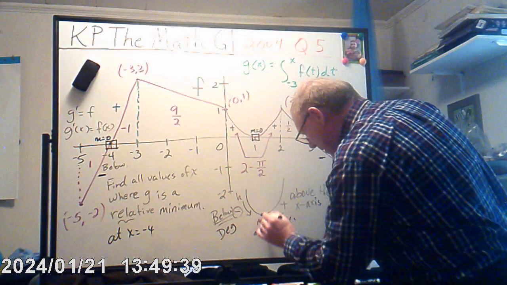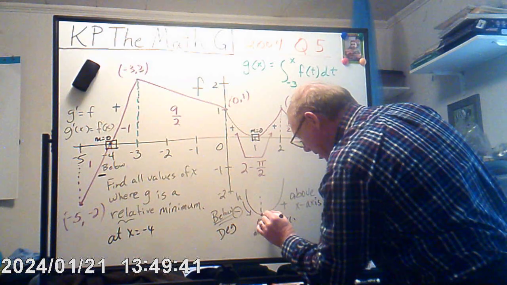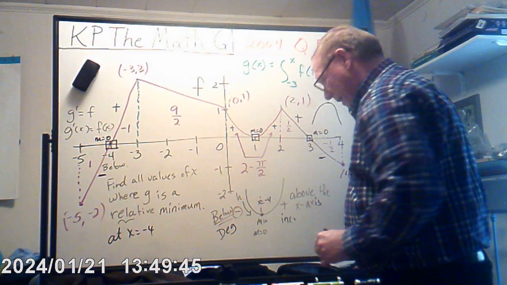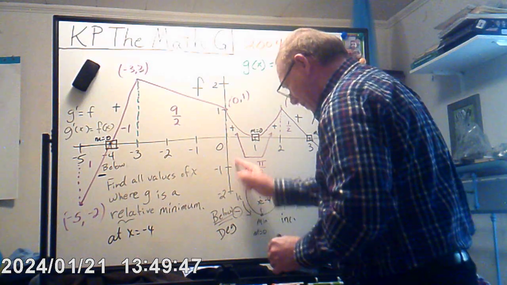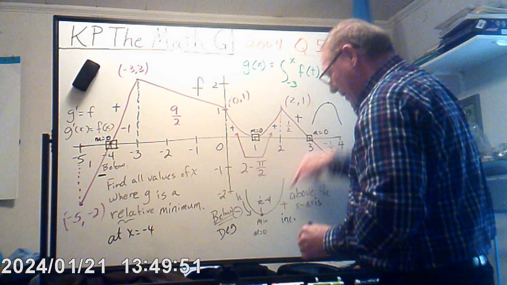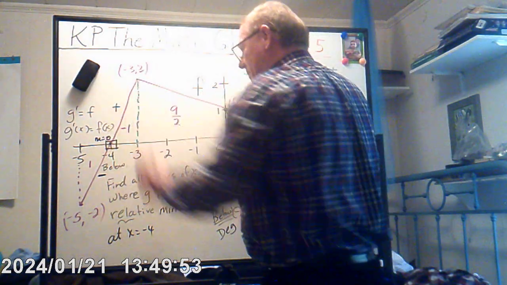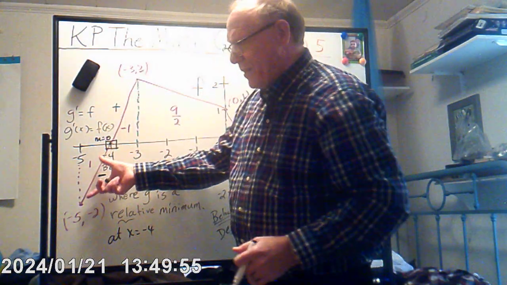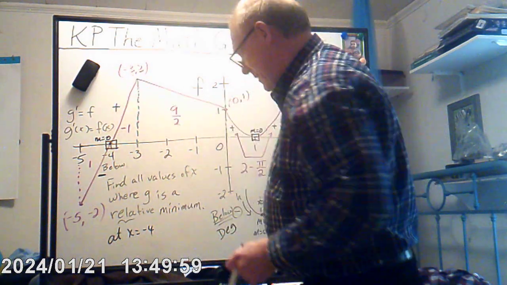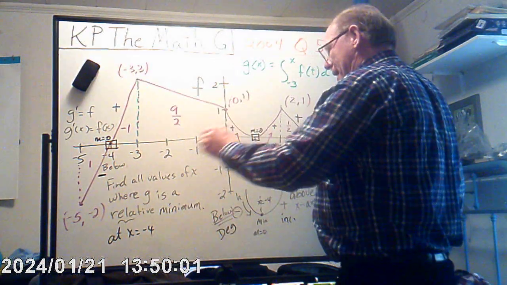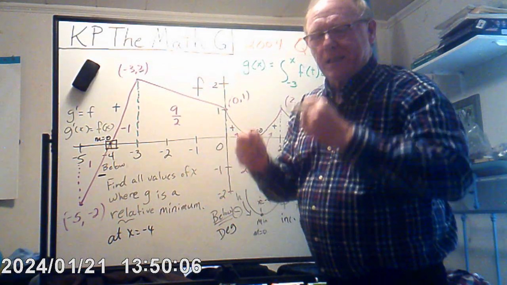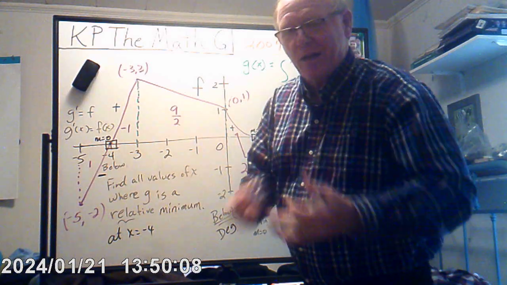So this x right here is -4. To the left of -4, it's decreasing, and to the right of -4, it's increasing, because this part is below the x-axis and this part is above the x-axis. You have to think above or below the x-axis when you think of maxes and mins. That's how you have to do that.